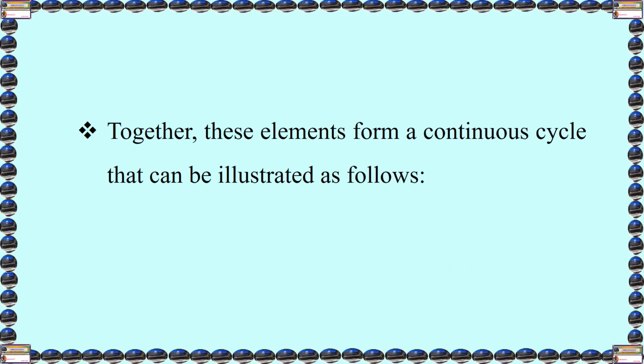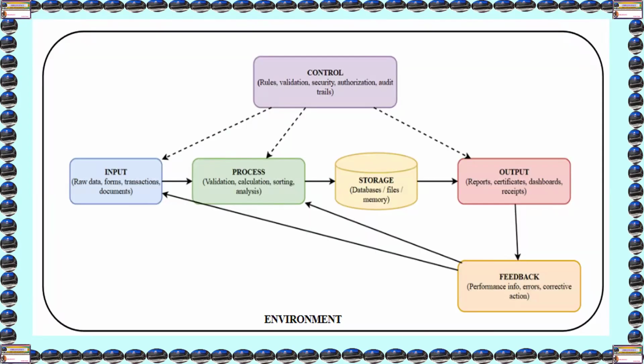Together, these elements form a continuous cycle that can be illustrated as follows. So you can see through this diagram, there's a diagram of a system. You can see this system is making use of input.